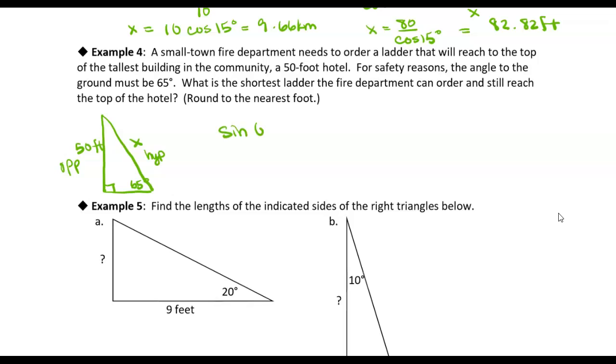So the sine of 65 degrees is equal to 50 over x, opposite over hypotenuse. So x is equal to 50 over sine of 65 degrees. And if you plug this into your calculator, you get 55.17, which, because it says to round to the nearest foot, we're going to round to 55 feet.